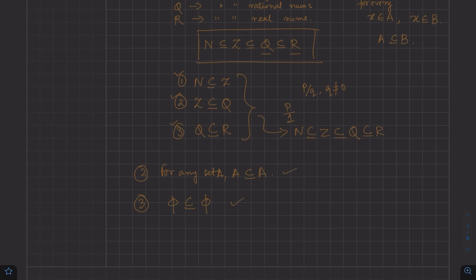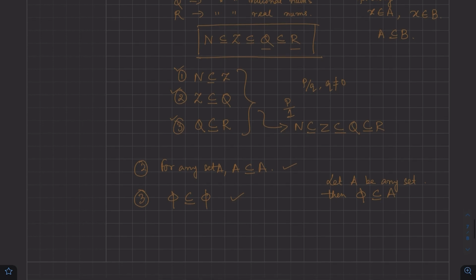These two points bring us to a very significant fact: let A be any set, then the empty set is a subset of A. To verify whether this statement is true or false, let's once again rewrite the definition of a subset.